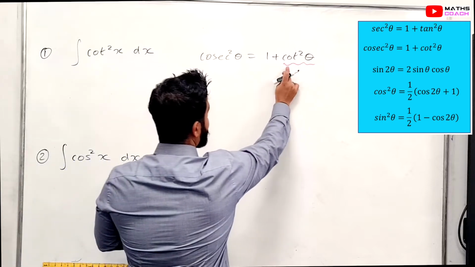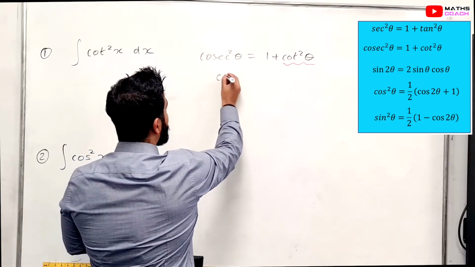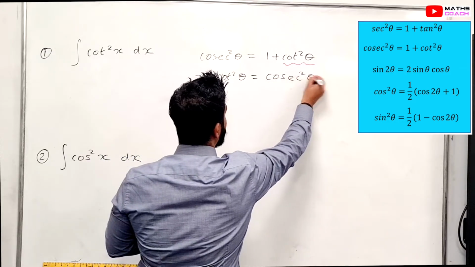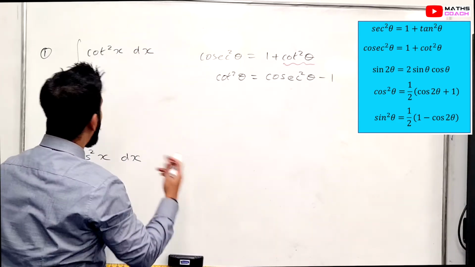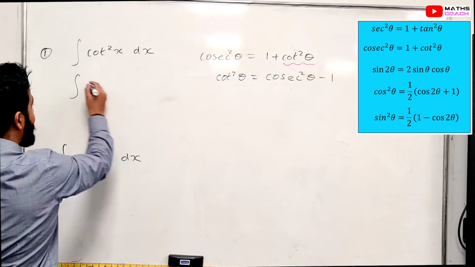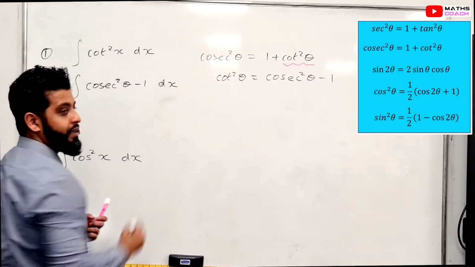So we take the 1 to the other side and we have cot squared theta is equal to cosec squared theta minus 1. And rather than integrating this, we can say, let's integrate cosec squared theta minus 1 dx.